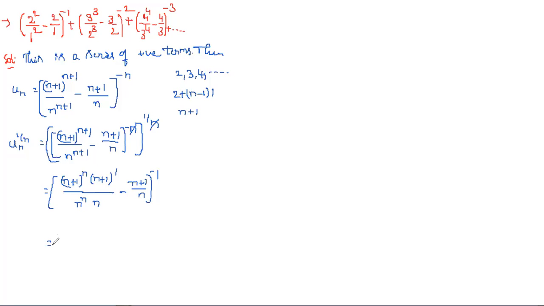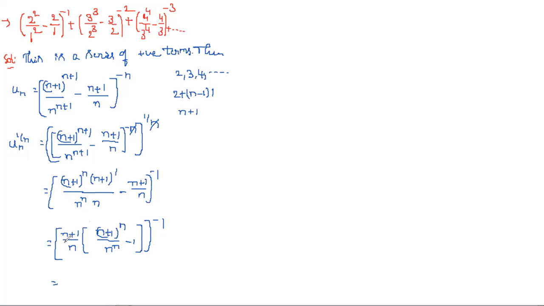In this one, which is the common one? If you observe, n plus 1 by n is the common one. If you take that as common, what about the remaining? n plus 1 whole power n by n power n minus 1, and of course whole power minus 1.